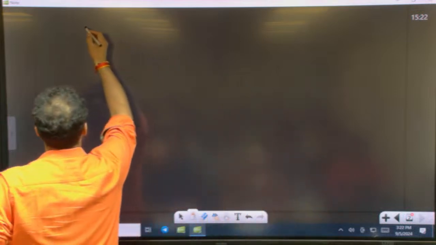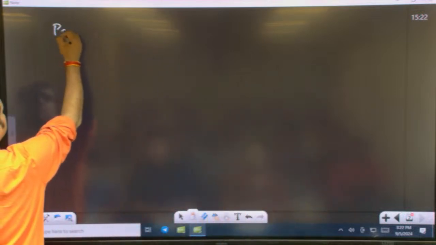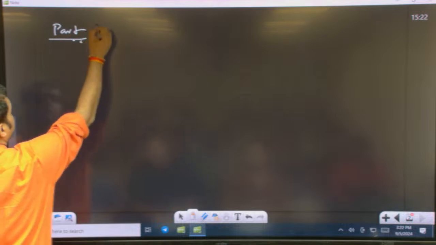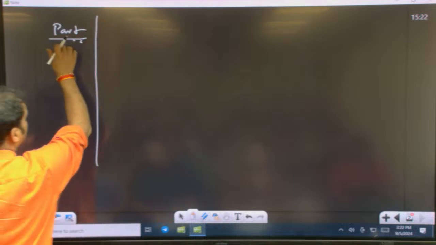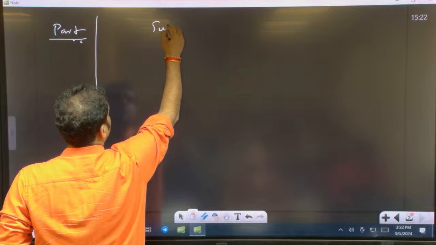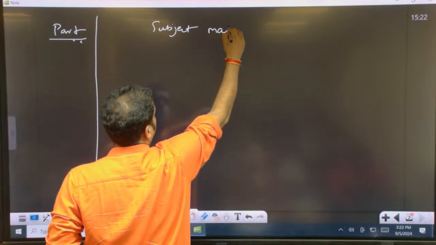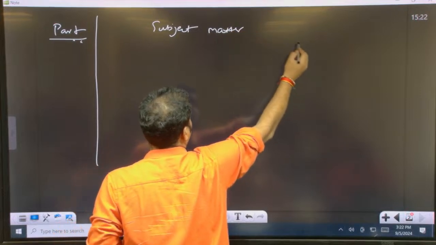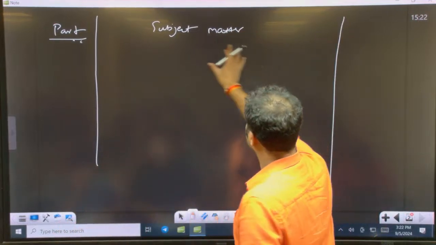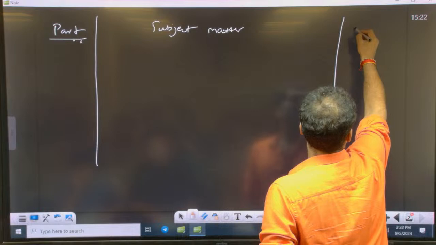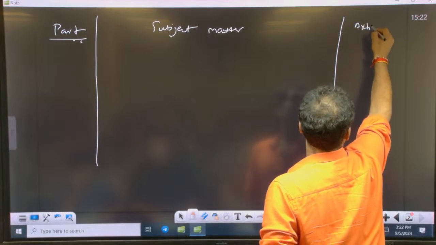Now draw a table like this. Part, make this column a shorter one, don't give it that much space. Subject matter, make this column wider. Articles covered.